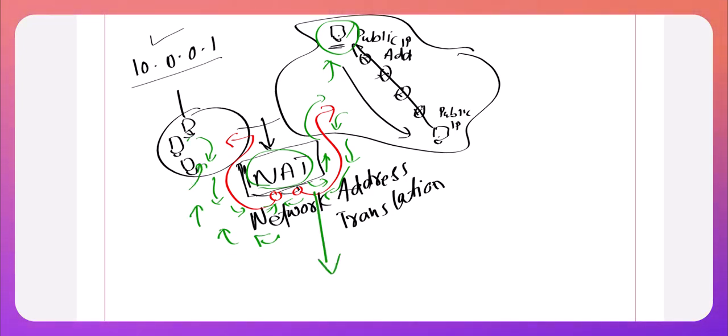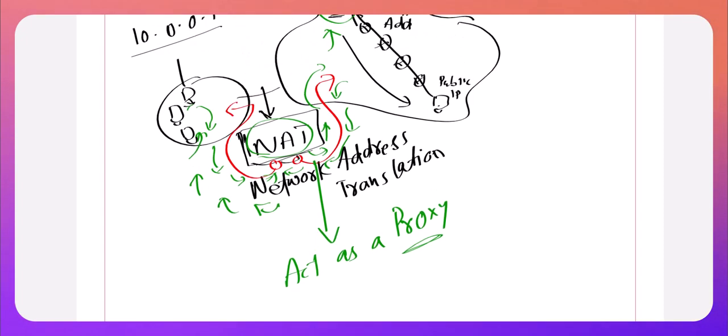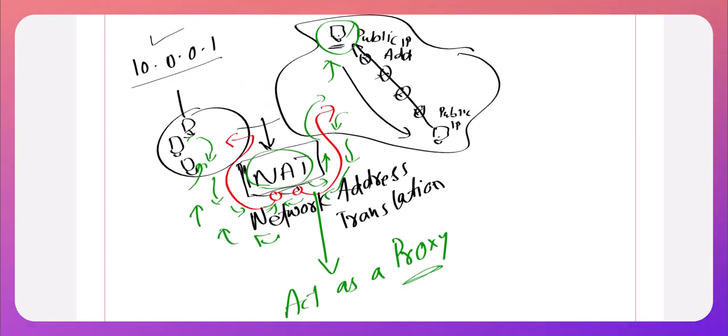So it acts as a proxy. The public side has no idea that it is communicating with the private; it assumes it is communicating with the WAN interface. And remember, dears, the WAN interface must have a public IP address.